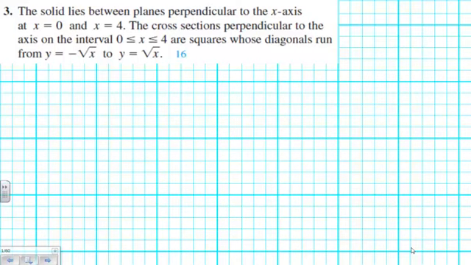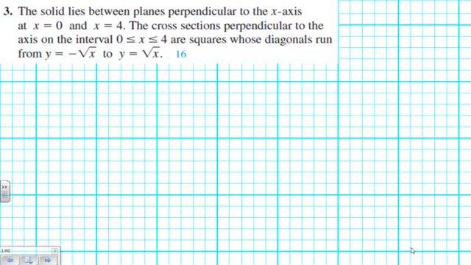Right, so here's problem number 3 from section 7.3. We've got a solid, and planes, that lies between planes perpendicular to the x-axis.